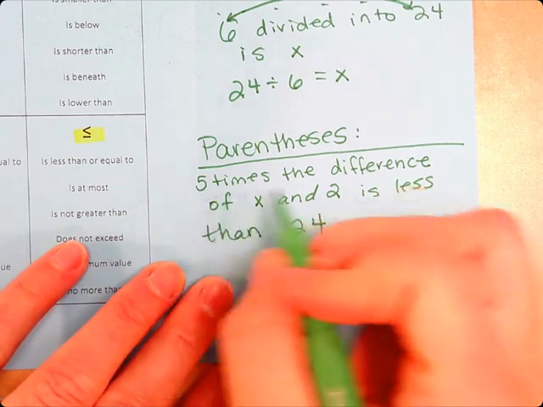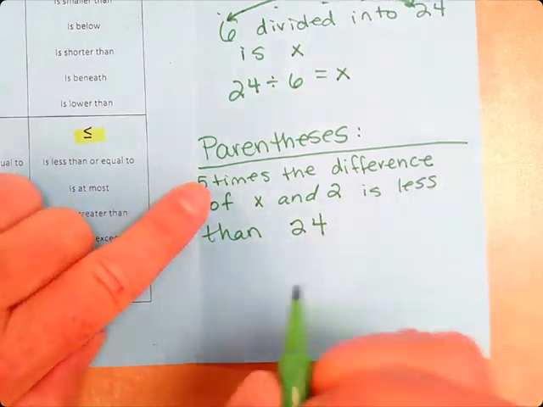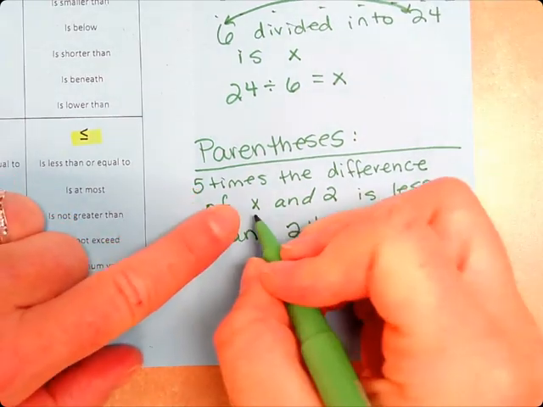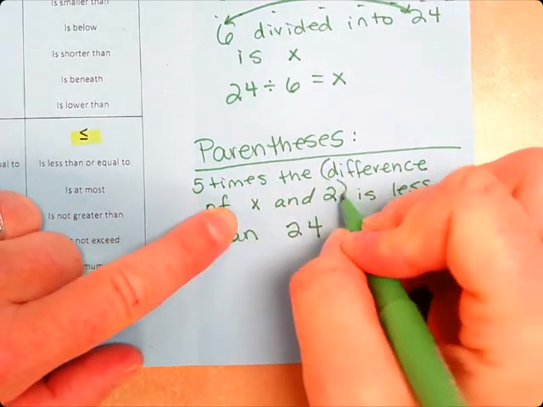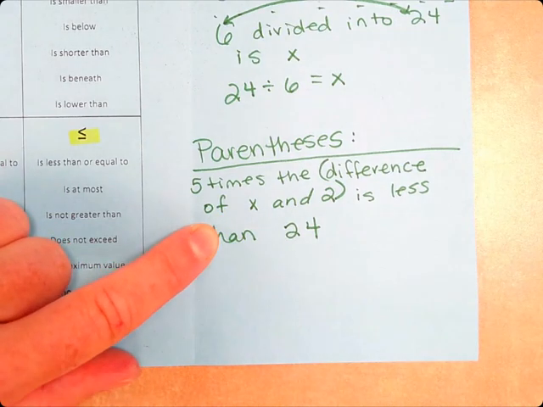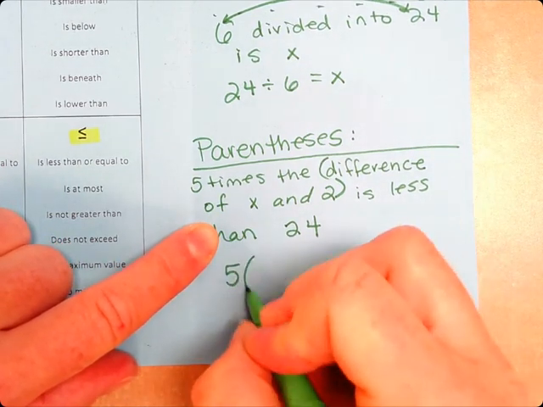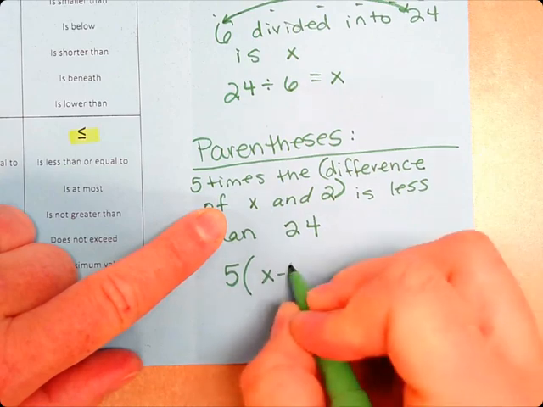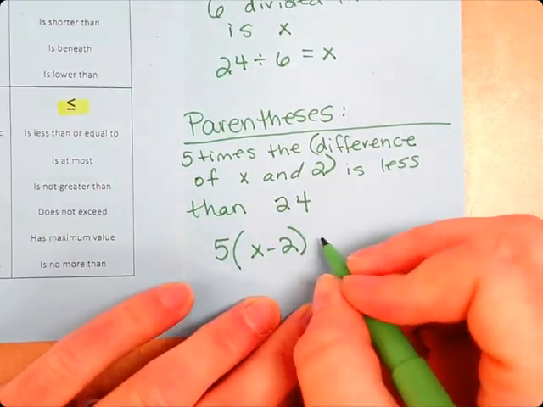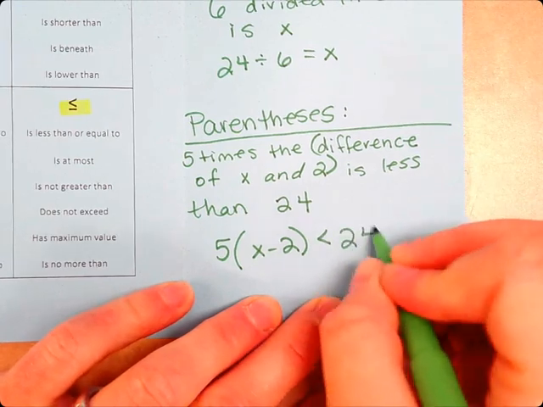So if it says 5 times the difference, I'm not multiplying 5 times some number. I'm multiplying times the difference. So the difference is of x and 2. So I'm going to put parentheses around the difference of x and 2. So that's 5 times the difference of x and 2 is less than 24.